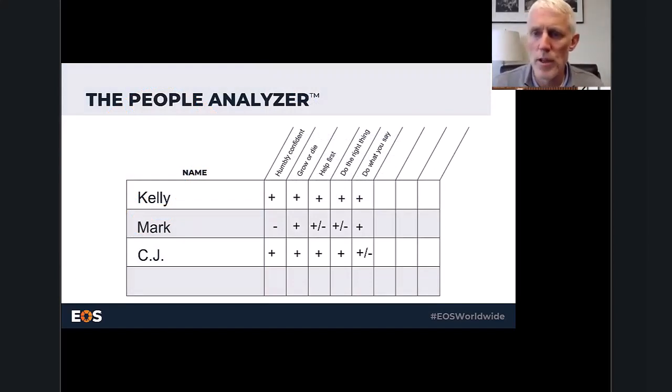So take the people that you've written down and the core values you've written down, and very quickly just sort of trust what you know about your people and go ahead and grade them on your core values. Are they living them consistently? Are they sort of hit and miss? Or are they pretty inconsistent?